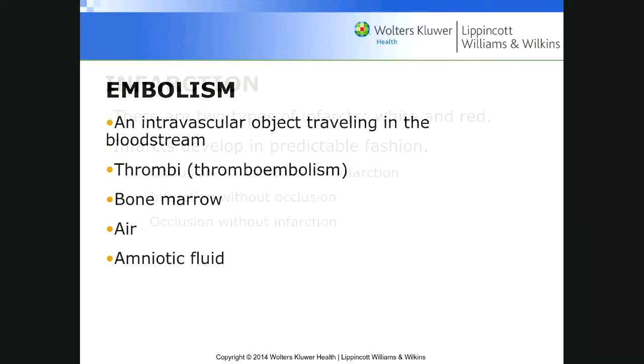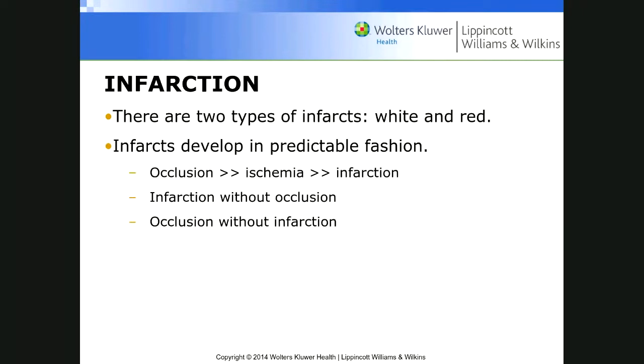An infarct is basically necrotic tissue. Again, you can have either a white infarct or a red infarct. An infarct is typically because you have less blood flow to the area. The area is going to become hypoxic and then ischemic later on, and then there is going to be necrosis, and the tissue is going to die: an infarct.